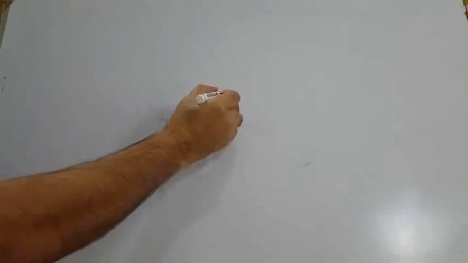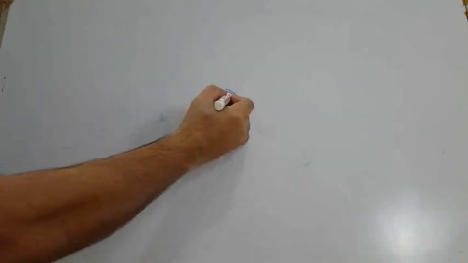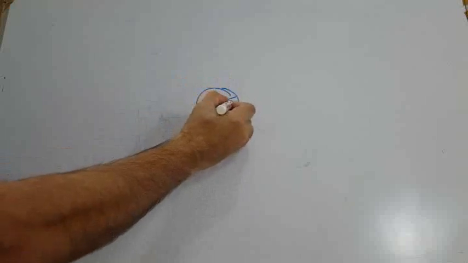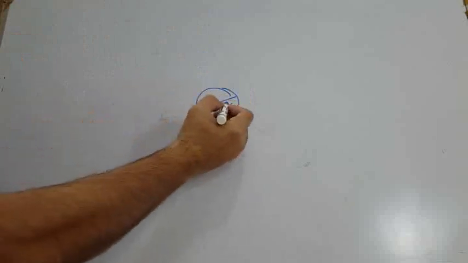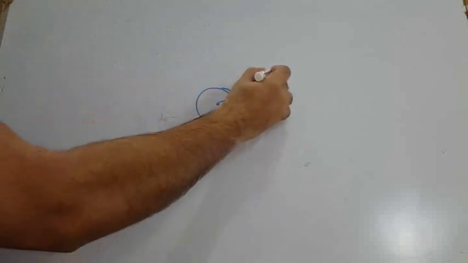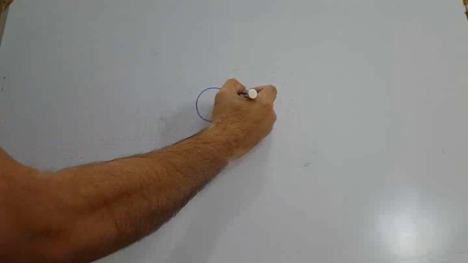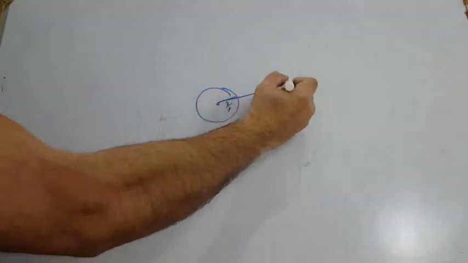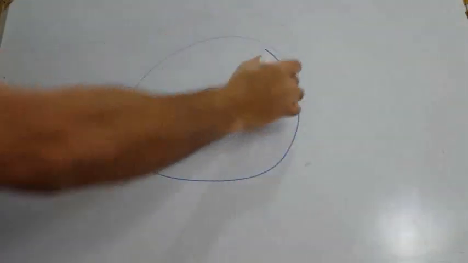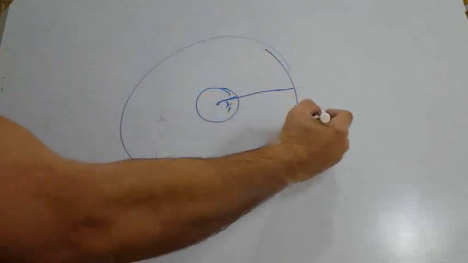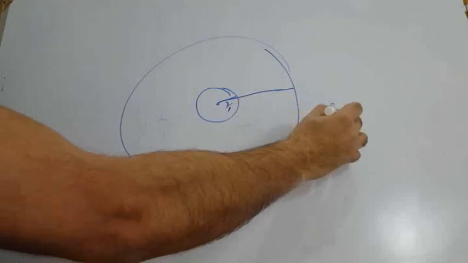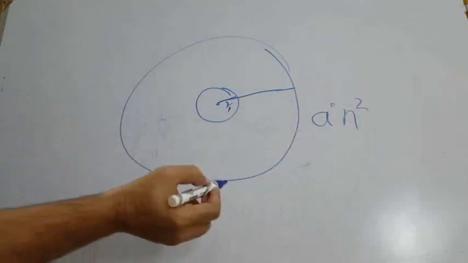These equations show what? That this is the hydrogen atom, this is R1. According to the equation, if it goes to R2, then R2 should be A0 n square.